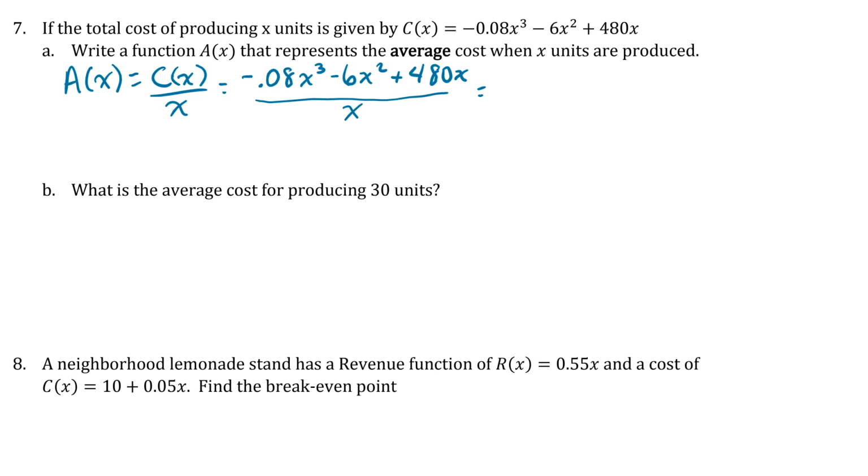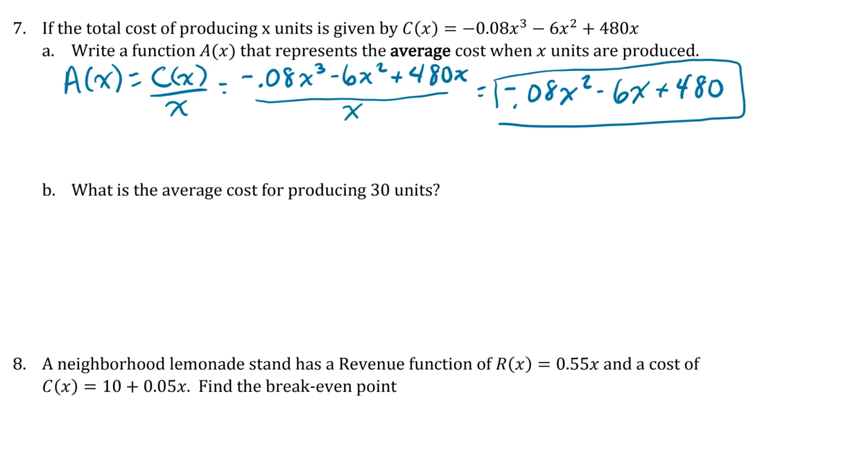If we divide each of these by x, we get negative 0.08x squared minus 6x plus 480. That's our average cost function.